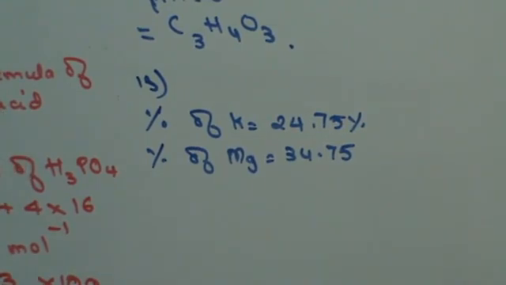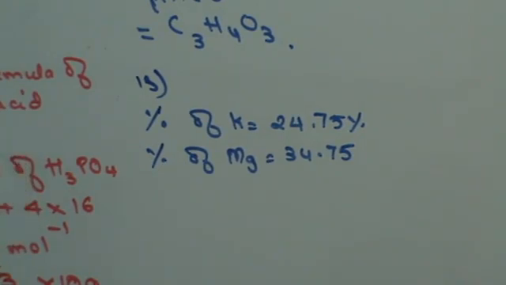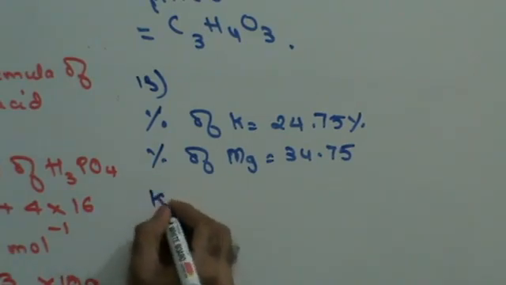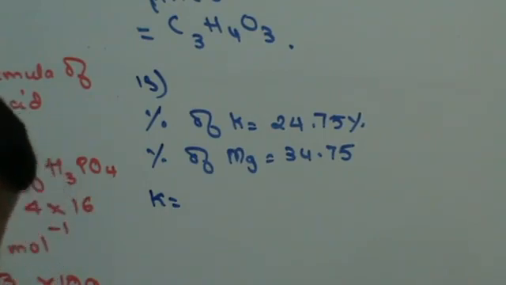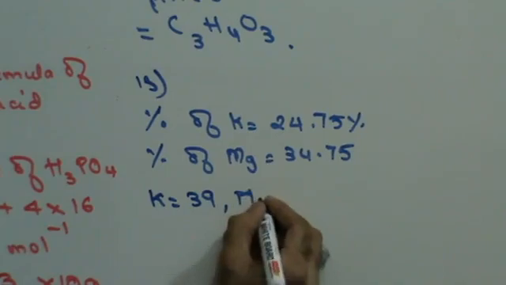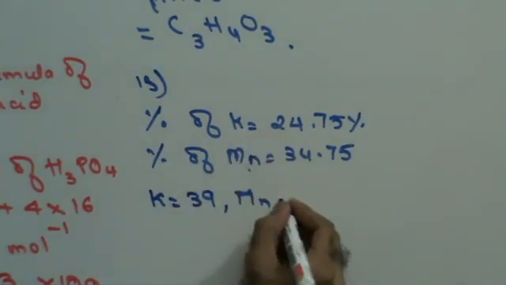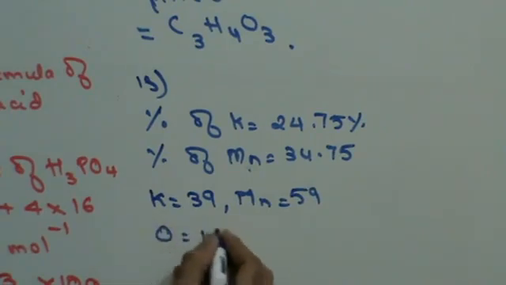Find the empirical formula of the compound if K is 39, Mn is 59 and oxygen is 16.